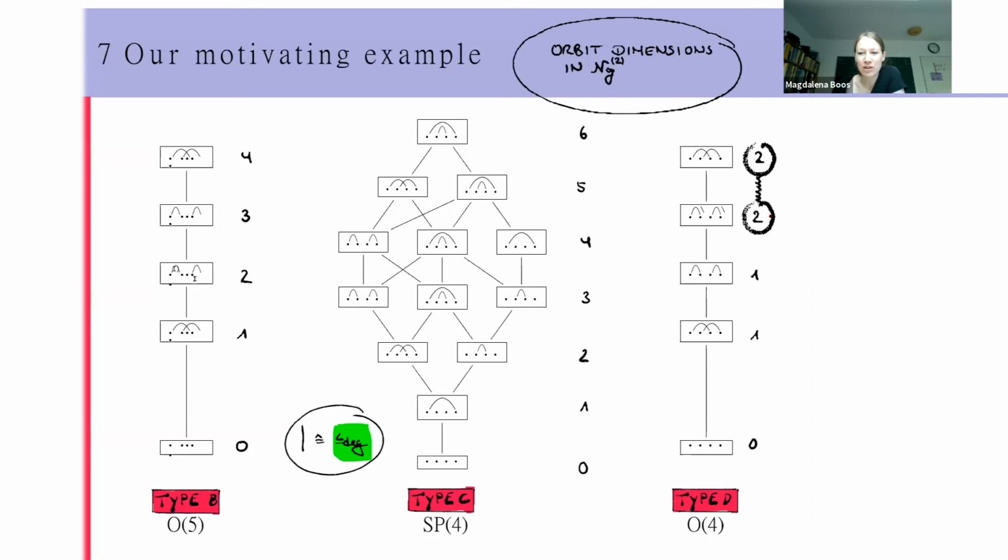This is not so good for a degeneration, because orbit closure relations, I mean, we always go to a smaller dimensional orbit. So this will not be a degeneration in type D. And so it's a degeneration, but not an epsilon degeneration. And this is our counterexample that it's not induced.